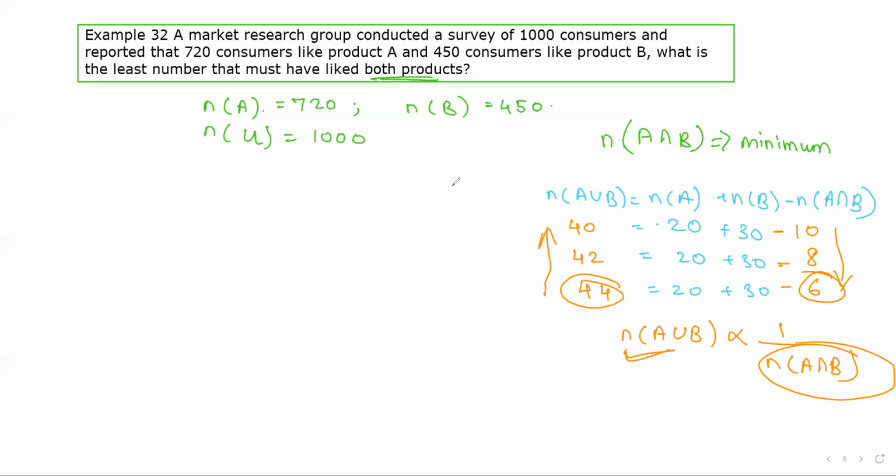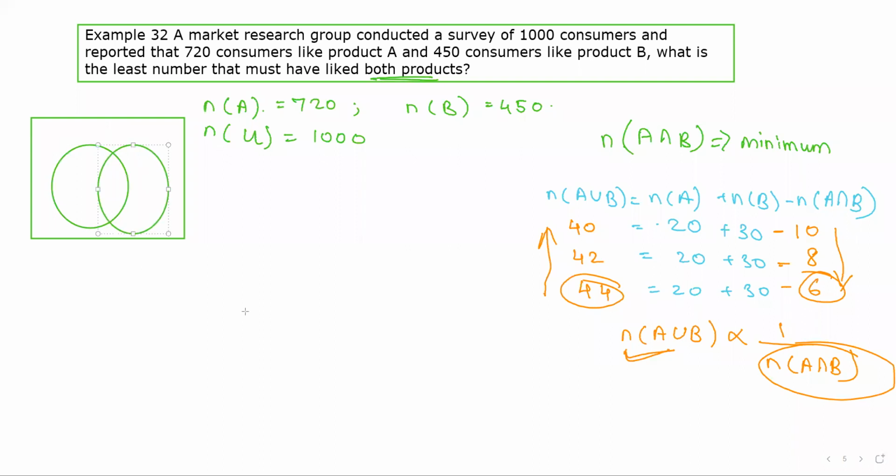Now, to calculate the maximum value of A union B, we know that if you draw a Venn diagram with two sets A and B, A union B will be defined as this portion, and this is U. If you want to increase A union B, you have to increase sets A and B. The maximum you can expand is to cover the whole universal set, because you cannot go beyond the universal set.